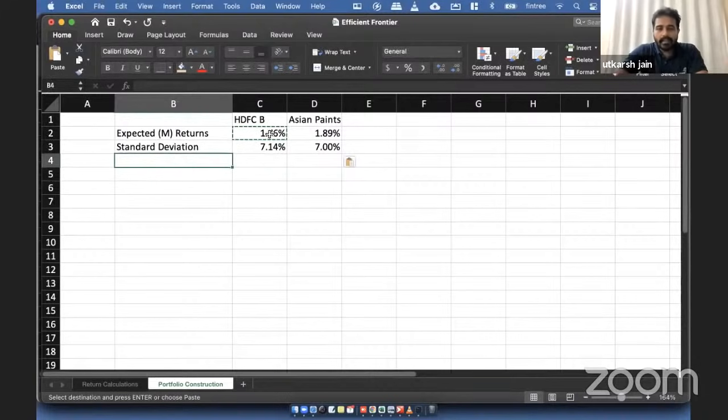Now, one more thing we will also need is a correlation coefficient between the two. Remember, we discussed correlation coefficient. I told you that's a number between positive infinity and negative infinity. That's what I told you. The range could be positive infinity, negative infinity. What do you think is the range?